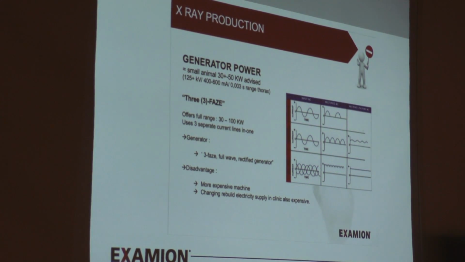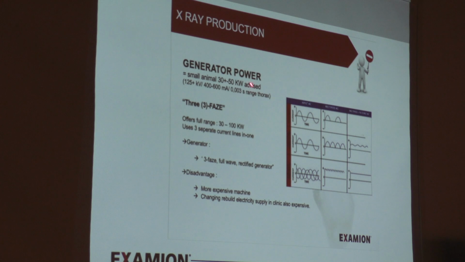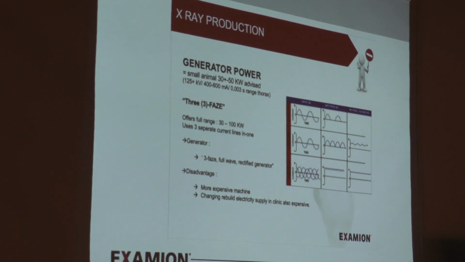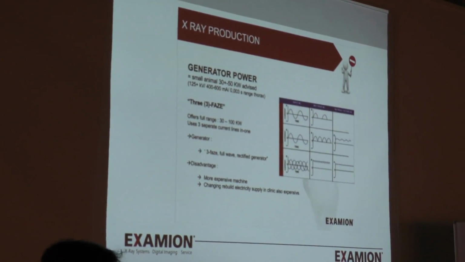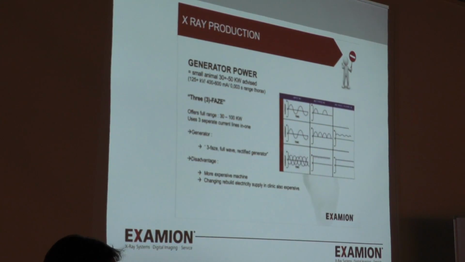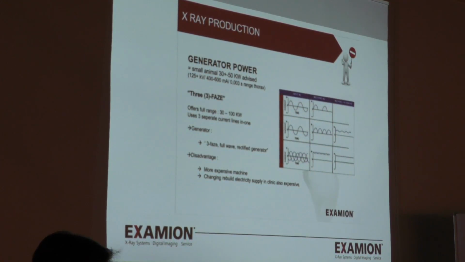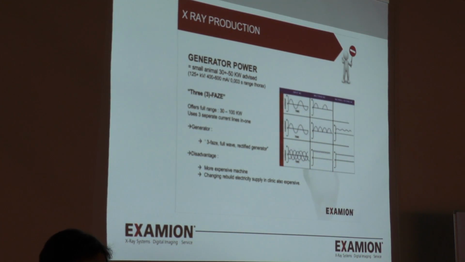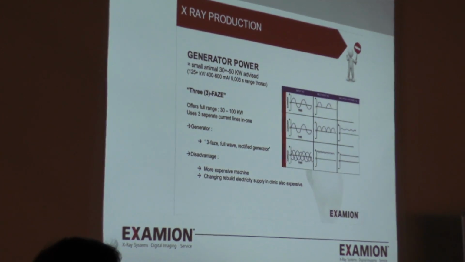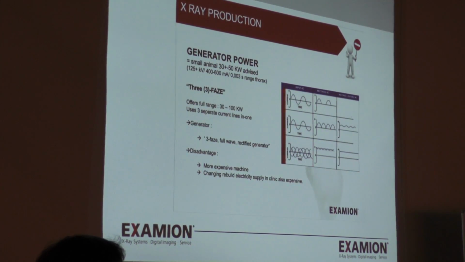These are the minimum powers I would advise, simply because with these settings you will also be able to have very short exposure times. Anything well below 0.06 seconds, but ideally 0.03, means that any movement of the animal, like breathing, but any other movement, will not be shown on the picture as blurriness, so you'll always have a sharp picture. So for that reason alone, this power is needed.